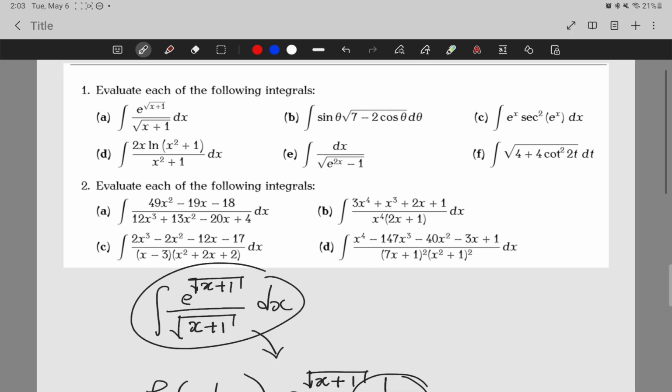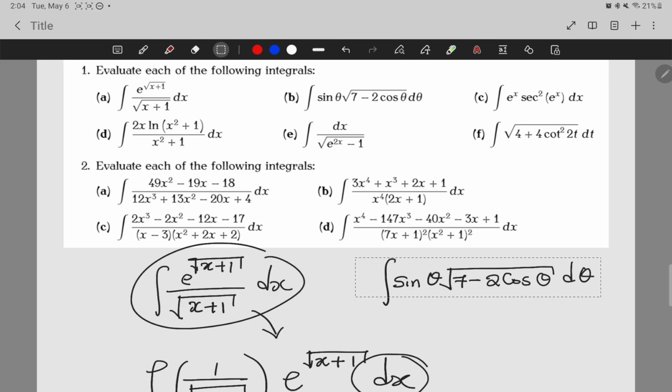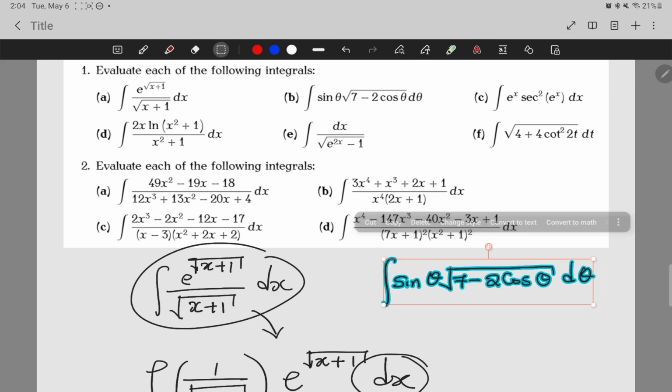Here, of course, we're going to look at b. In b, we have the integral of sine theta root of 7 minus 2 cos theta, and then d theta. So how would you work out this one?